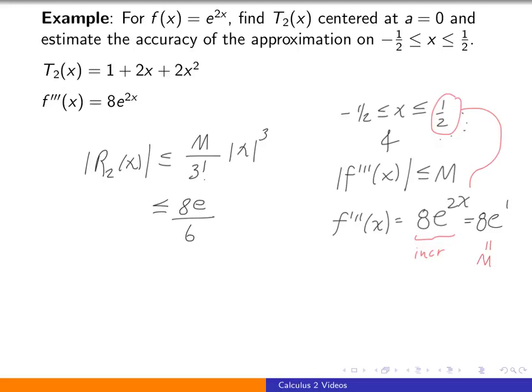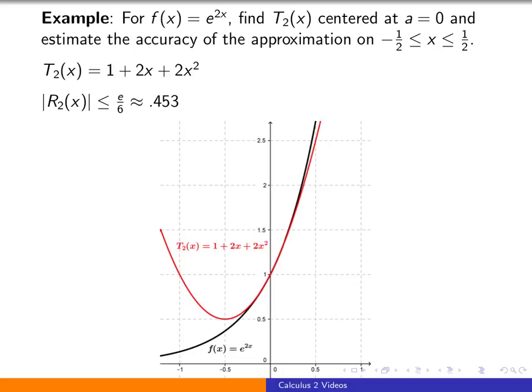And if we think about the interval from minus 1/2 to 1/2, well, the biggest the absolute value of x can be on that interval is, well, at 1/2 or minus 1/2. So this becomes 1/2 cubed. And if you simplify this, it is simply e over 6. And this is approximately 0.454.